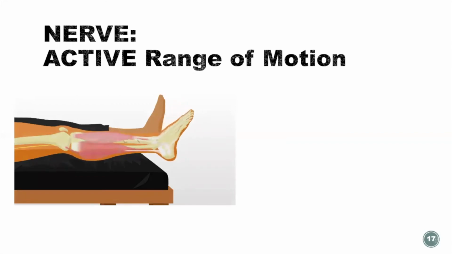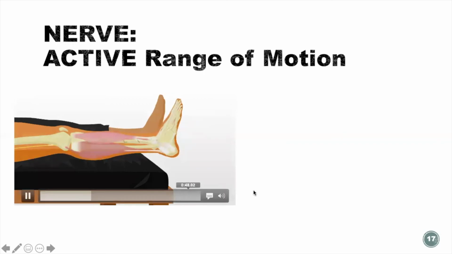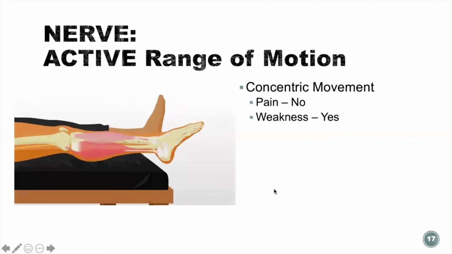Because they are motor nerves and they are eliciting the movements, what we are going to see is a change in the weakness that we may have. So with the concentric movement, yes, there will be weakness. However, with a motor nerve, we're not going to be sensing the pain.